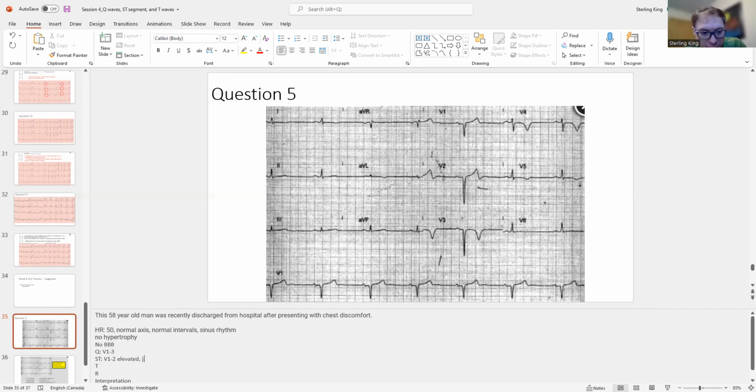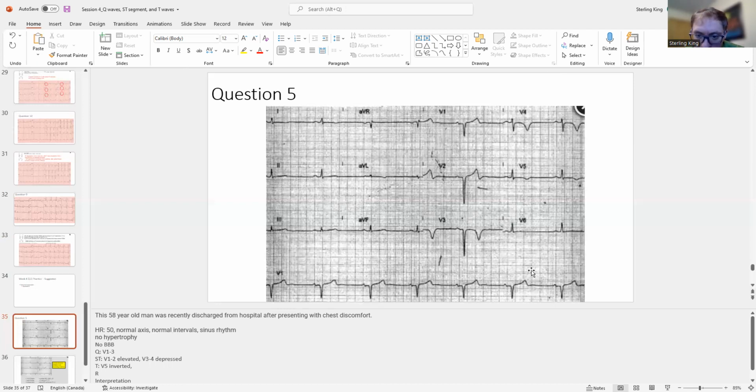And then V3 through, I think 3 and 4 depressed. T's, lateral T's. Looks like V5 is inverted. Inferior T's normal, precordial T's kind of peaked here, but not hugely different.